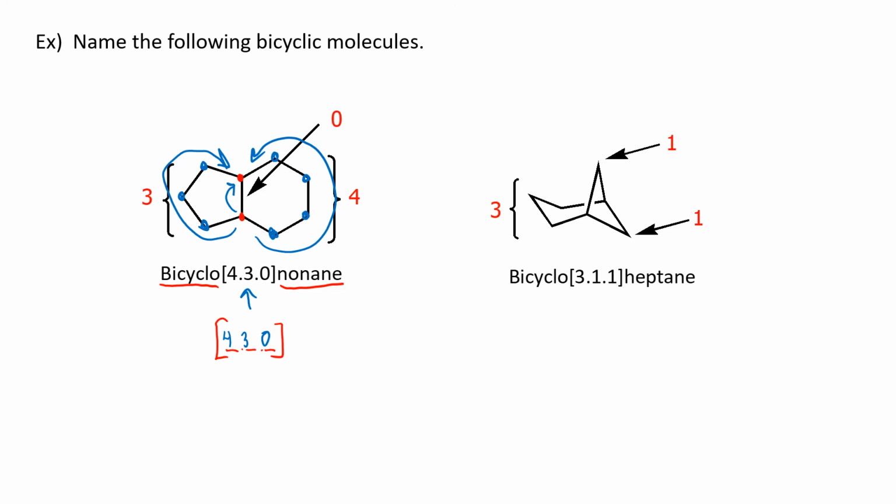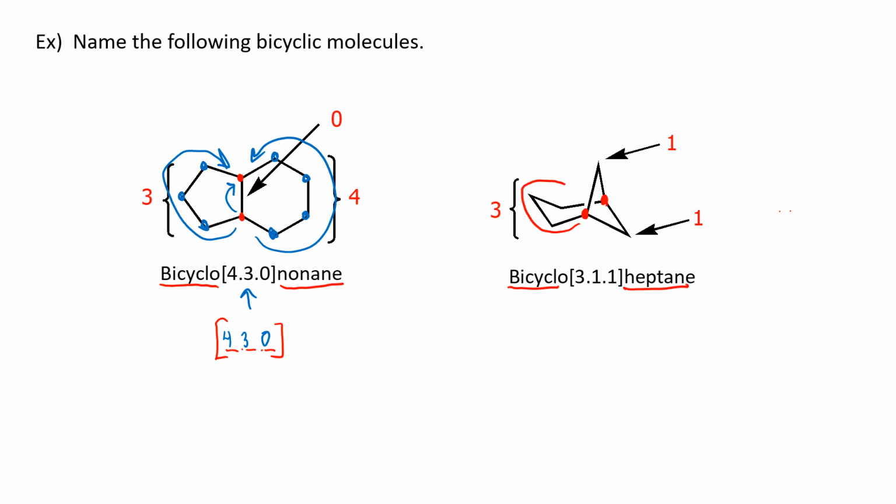In our next example, let's count the total number of carbons. 1, 2, 3, 4, 5, 6, 7. So it's going to be some form of bicycloheptane. And now we have to look at our bridgeheads and count the number of carbons in each connecting path. So the bridgehead is where the two rings are fused.